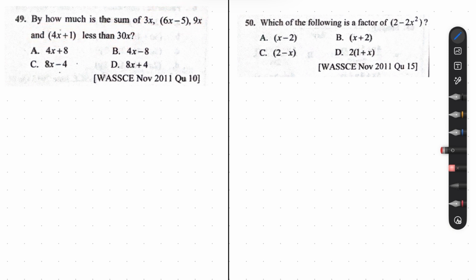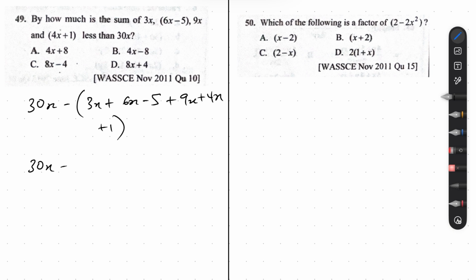So what we do is 30x minus, then you bring the sum of everything, okay? 3x plus 6x minus 5 plus 9x plus 4x plus 1. What do we get? We have 30x minus, what's the bracket?